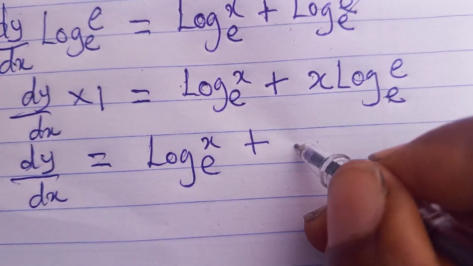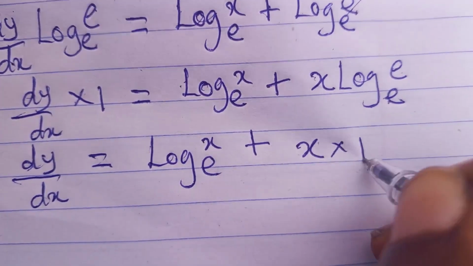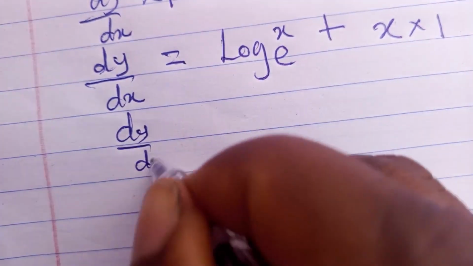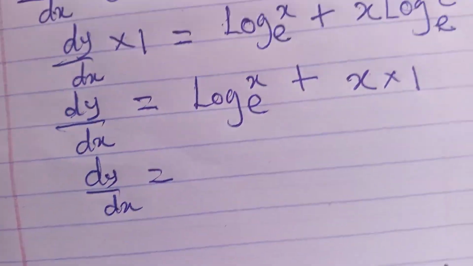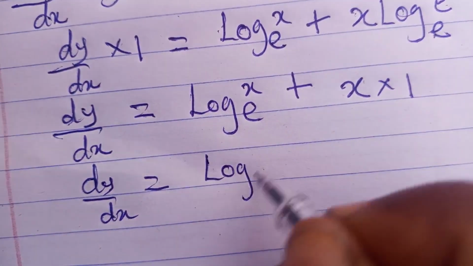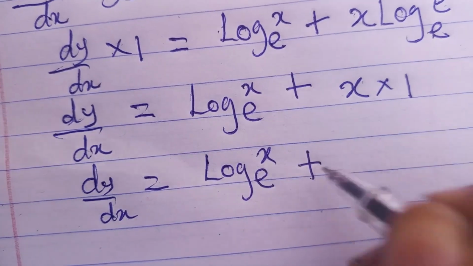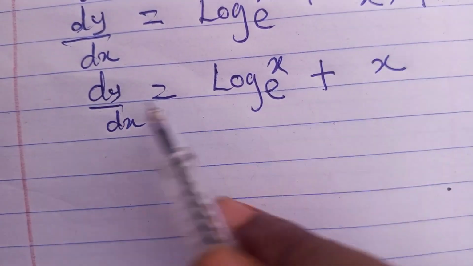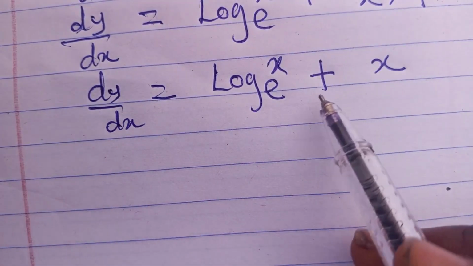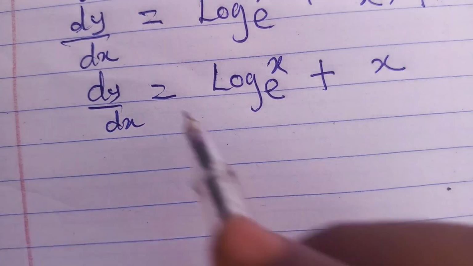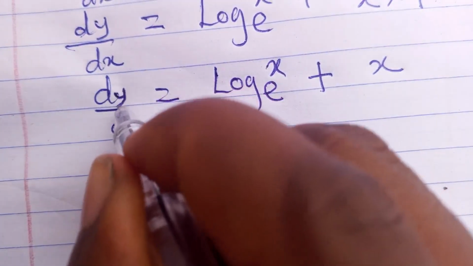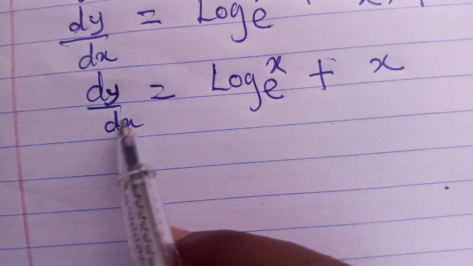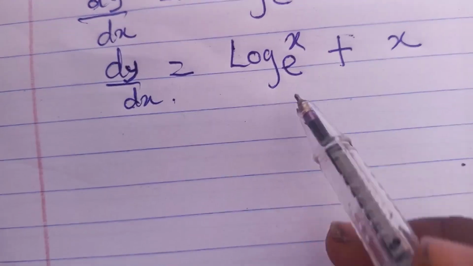So I'm going to have x times 1, and dy/dx equals log x base e plus x times 1 is x. So this is what we have now from simplification. But we are looking for y. Now we are going to multiply through by dx and integrate.